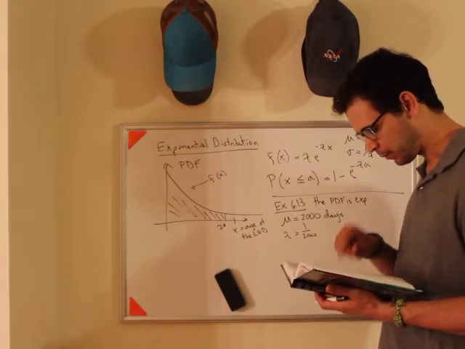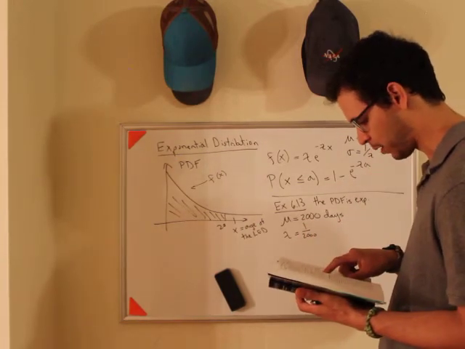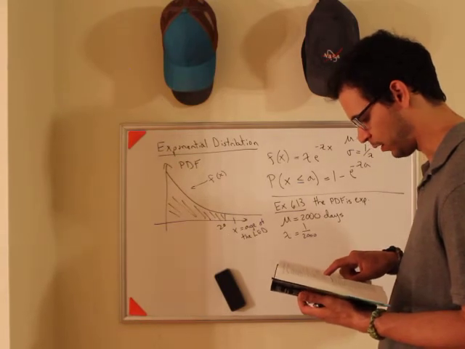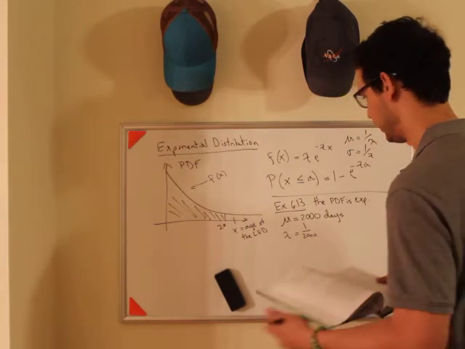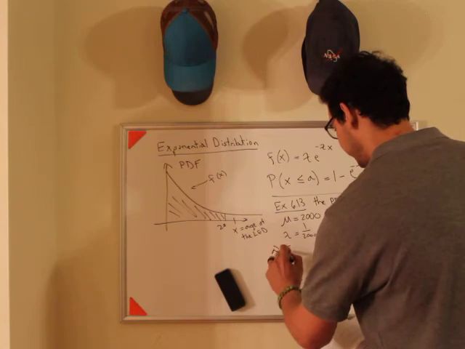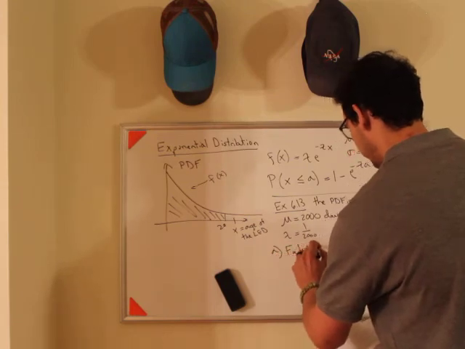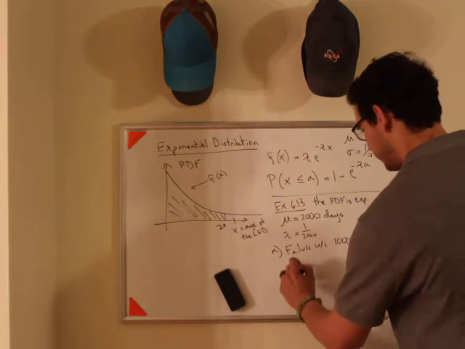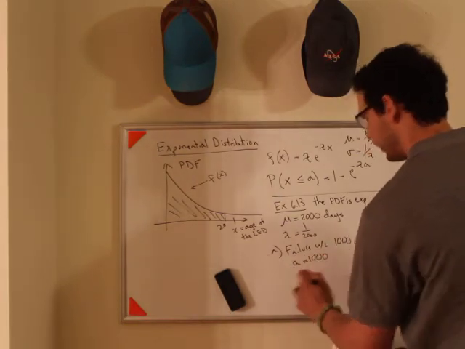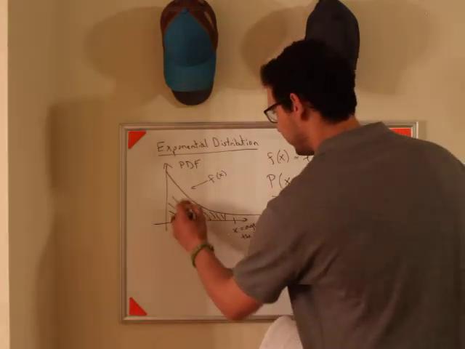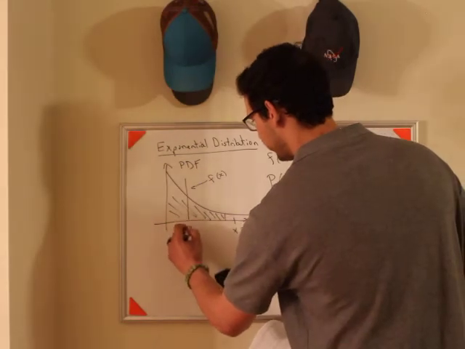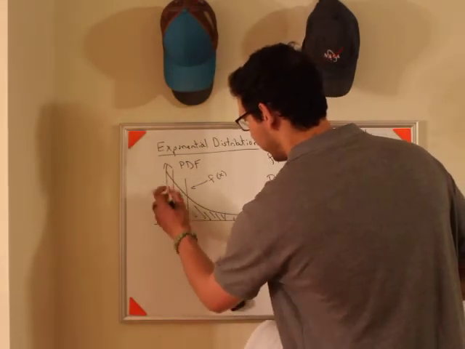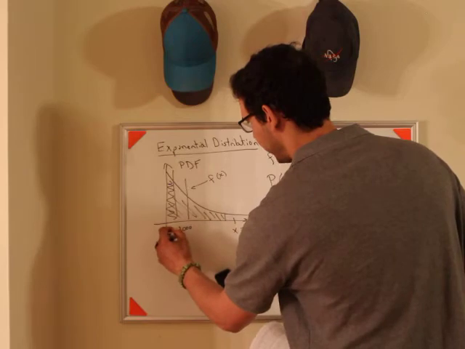Okay? So the question is, find the probability that a given LED will fail within 1,000 days. So part A is failure within 1,000 days, which means a is 1,000. The mean is at 2,000 days, and I want to know the area under this curve at 1,000 days.